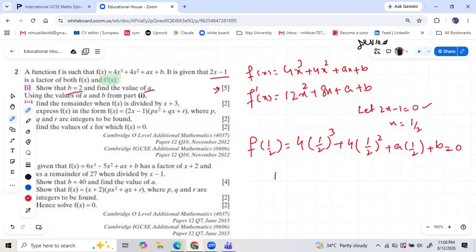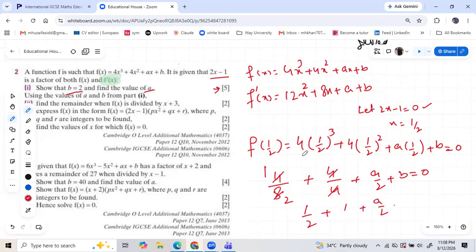So this is 4 over 2 to the power 3, which is 8. So this is 4 over 8. This is 4 over 1 over 2 squared, and 2 to the power 2 is 4. So this is 4 over 8, which is 1 over 2, and this is 1, plus a over 2 plus b is equal to 0.